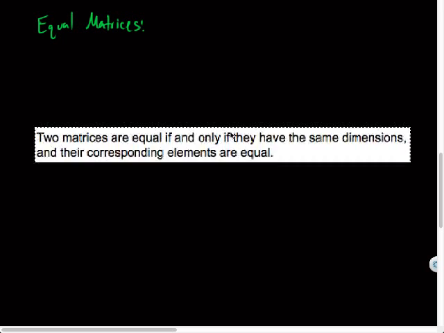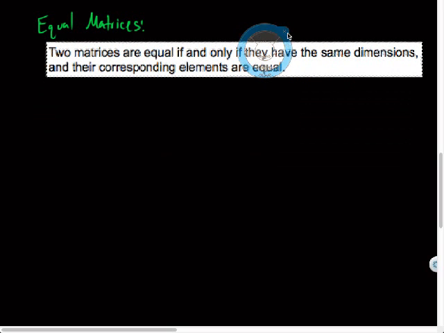I'll read it. It says two matrices are equal if and only if they have the same dimensions. Okay, so I can't have a 2 by 3 equal to a 1 by 7. All right. And they have to have their corresponding elements equal. All right. So that's the idea there.